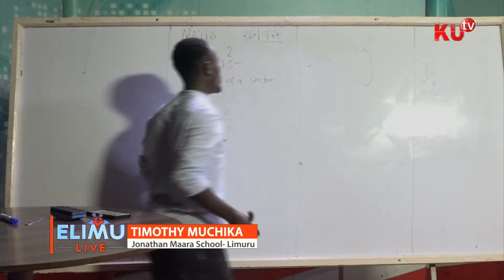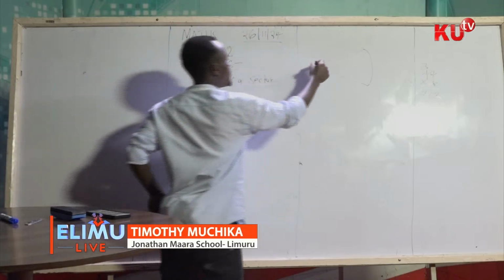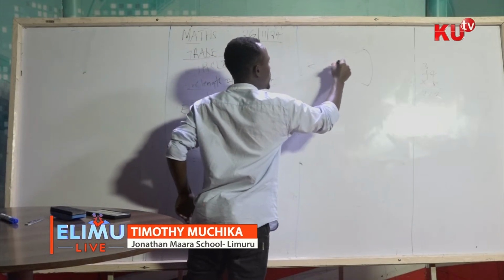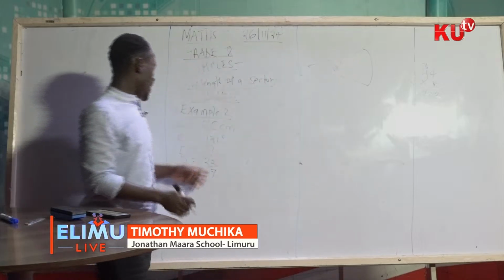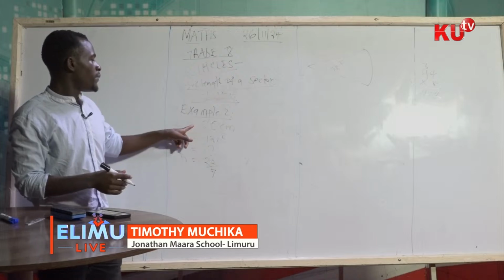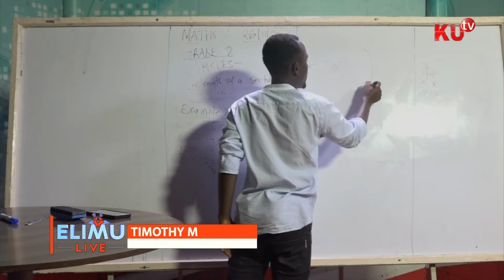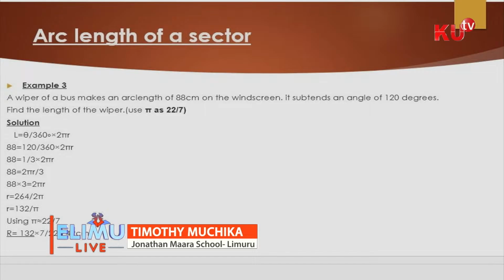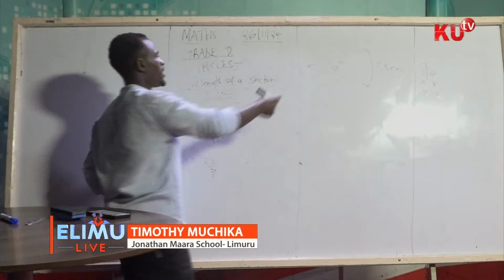So we are supposed to work out the radius, and we've been given the theta as 120 degrees. So 120 degrees is the angle subtended at the center of the circle. And then we have been told the arc length is 88. So from here to here is 88 centimeters. So it is your work now to find the radius.